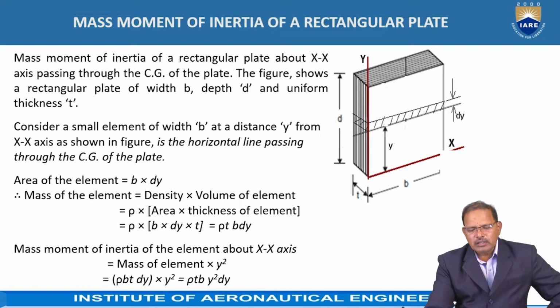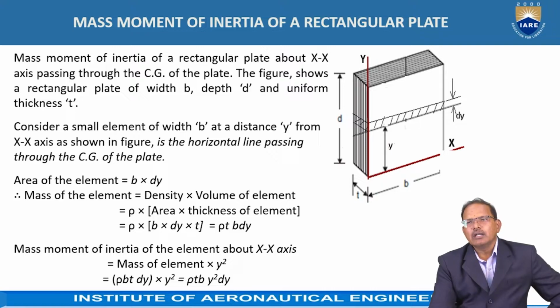Now the mass moment of inertia of a rectangular plate. Here consider a rectangular plate having breadth b, depth d, and uniform thickness t as shown in figure. Let the x-axis represent the horizontal line passing through the bottom of the figure, and the vertical axis OY represent the extreme left of the given body.